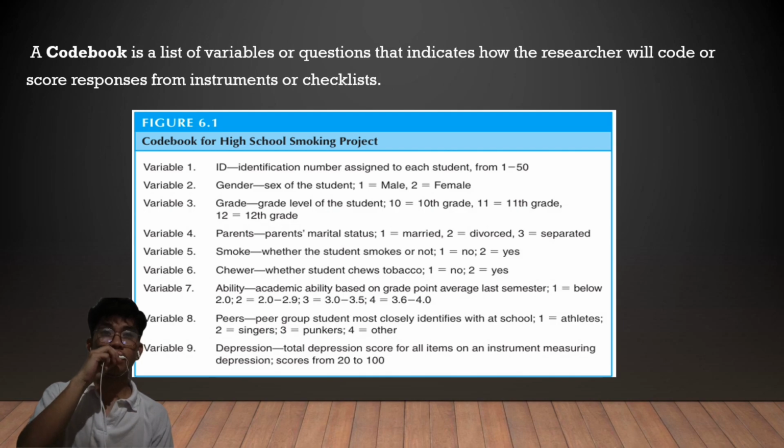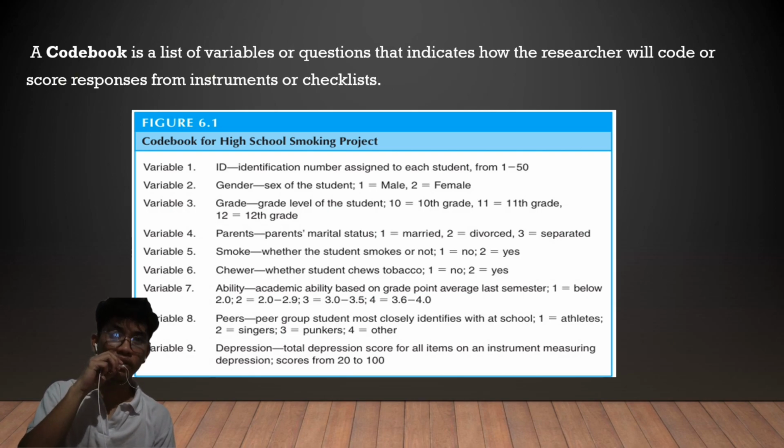One procedure that can aid you in assigning scores to responses is to create a codebook. A codebook is a list of variables or questions that indicates how the researcher will code or score responses from an instrument or checklist.